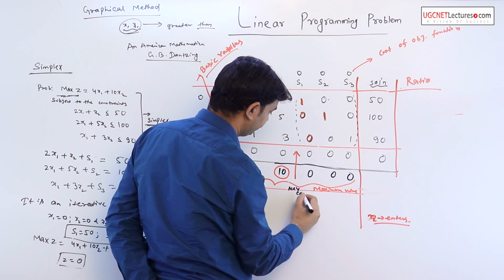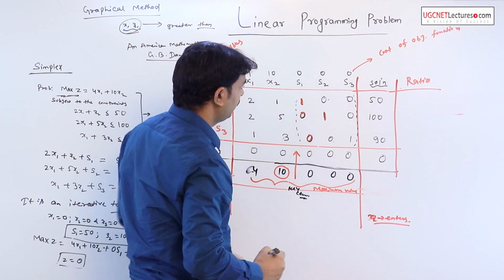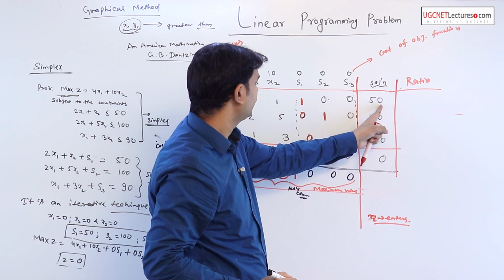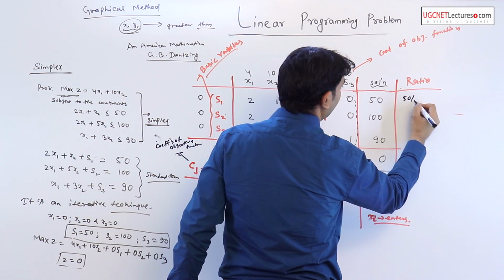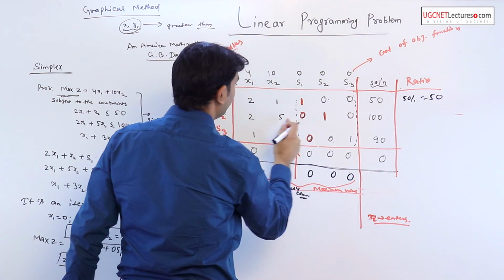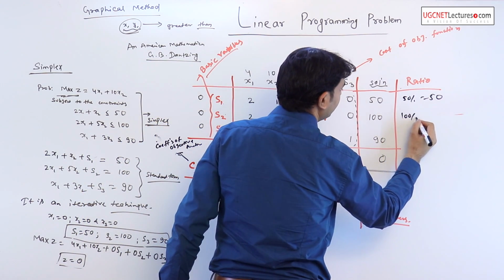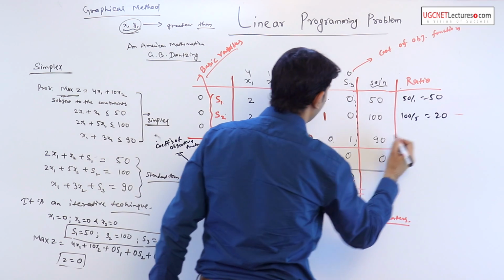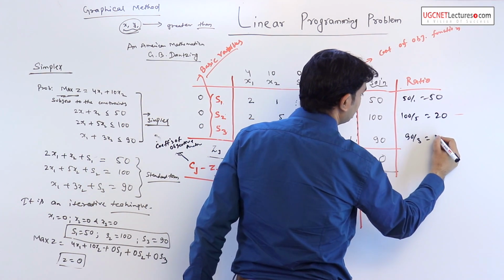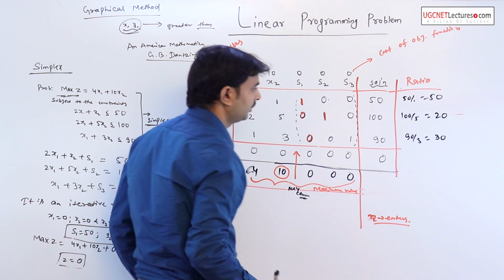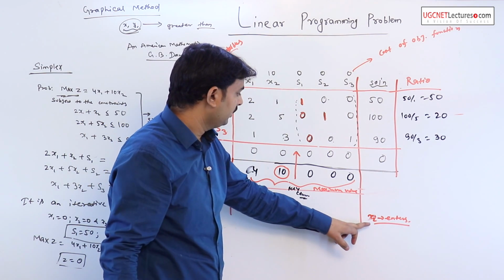Key column. Ratio means 50 by 1 gives 50. 100 by 5 gives 20, and 90 by 3 gives 30.